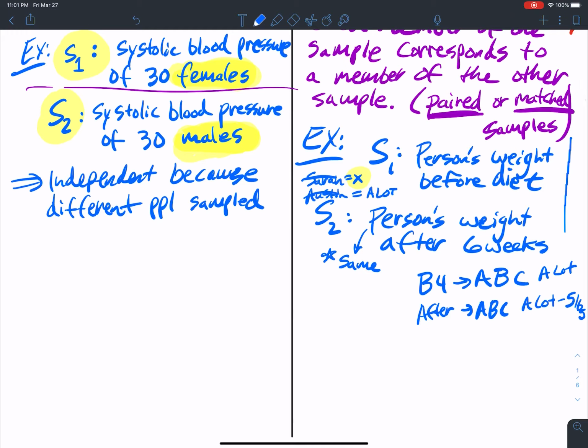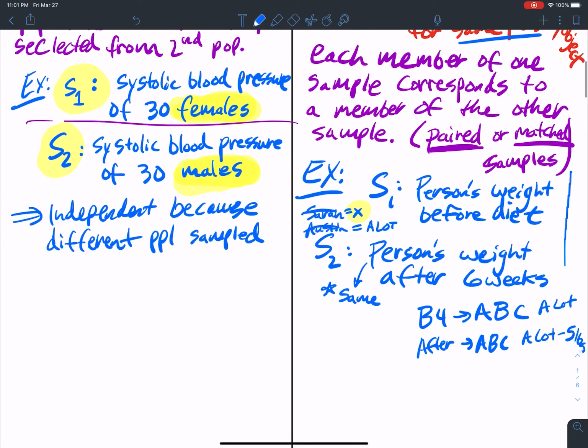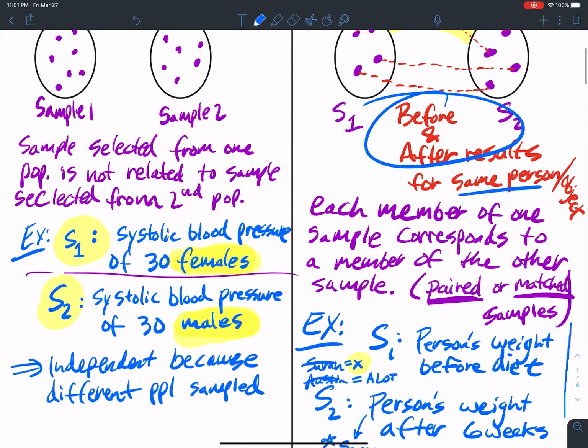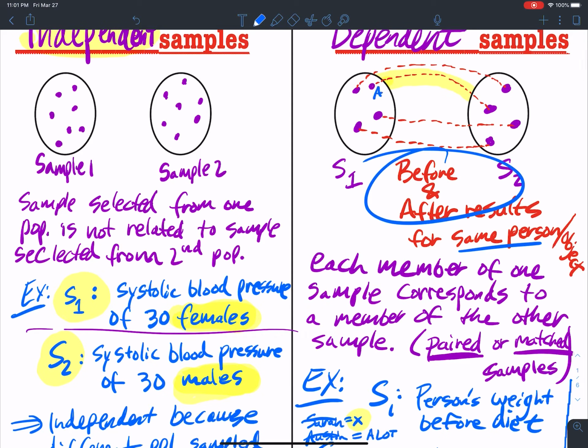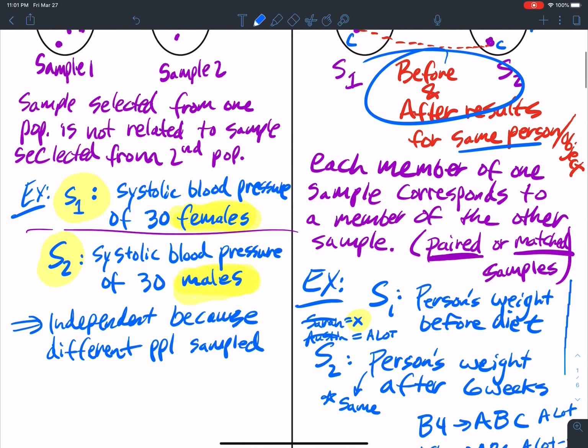So I'm comparing before and after data with, if this is A here, this is A over here, right? If this is B here, this is B over here. If this is C here, this is C over here. And if that's D there, that's D over there. It's the before and the after that's going on here, all right?